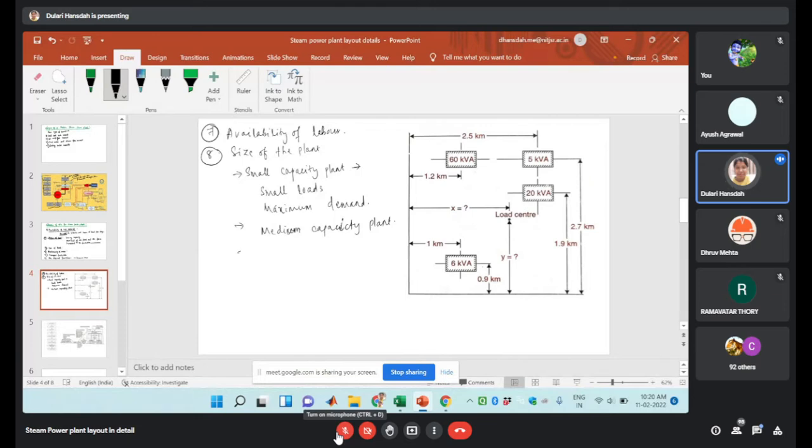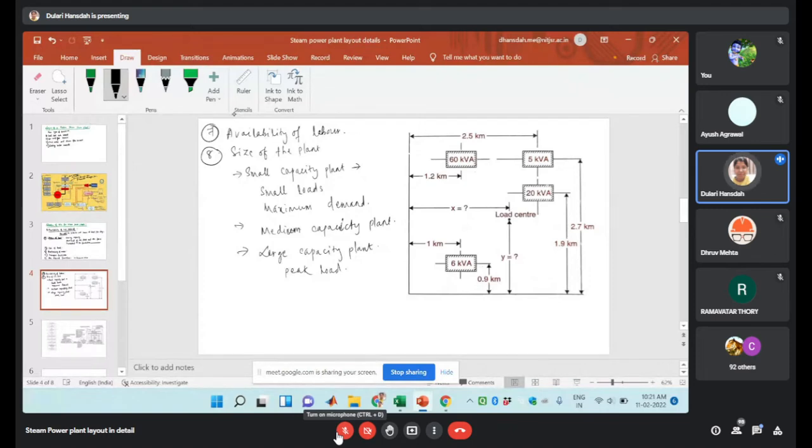Then we are having the large capacity power plant. In this case, the steam turbines are of bigger size. So there the number of units is more, and this plant will be designed to give the peak load, and that peak load will be adjusted as per our requirement.